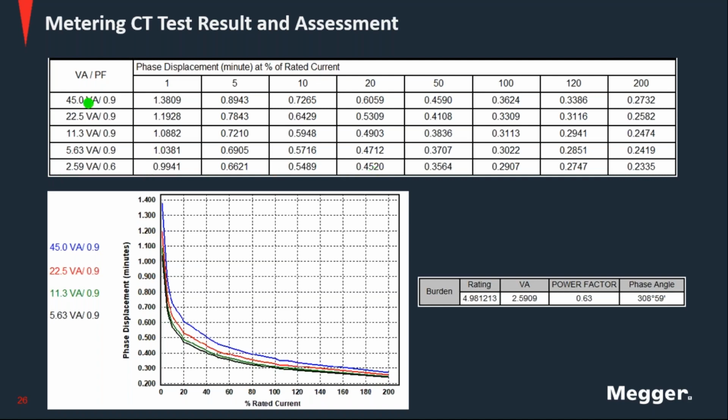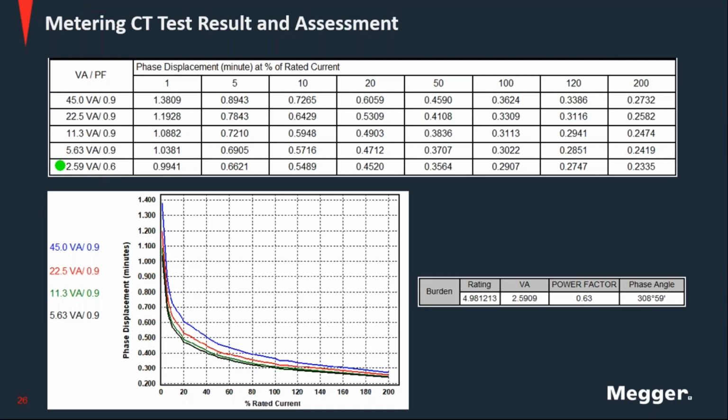So you are not only simulating different loading conditions, but you are evaluating how it will behave with that specific burden. So if you add any element to the protection system, you want to retest that burden, and probably you are retesting also the CT, you are getting new parameters and you are simulating that.